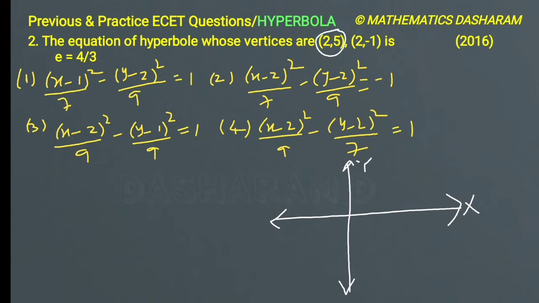First point is 2 comma 5, a vertex. For example, here is 2. So 2 comma 5 is 1 point. Next, 2 comma minus 1. So let's select minus 1 here. So here is 2 comma minus 1.